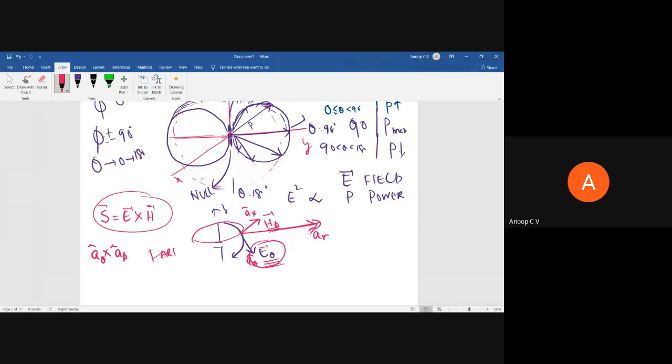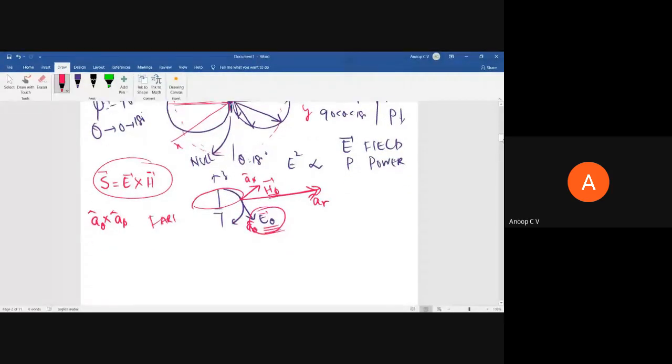If you're plotting power, nothing but the Poynting vector E cross H, that is called the power pattern. What is field pattern, what is power pattern, what is normalized power pattern, all those definitions and the math behind this we'll study in the next class.